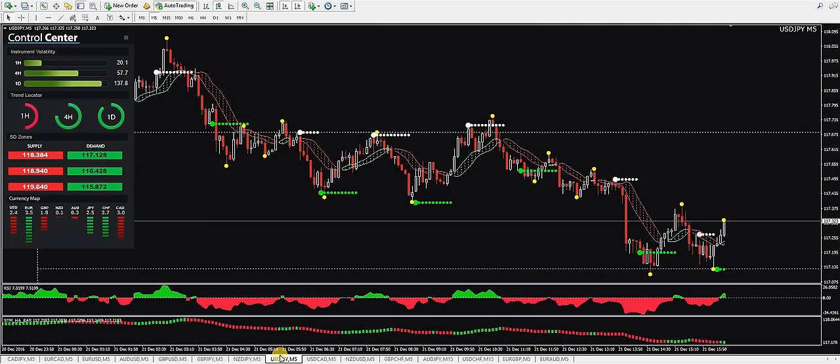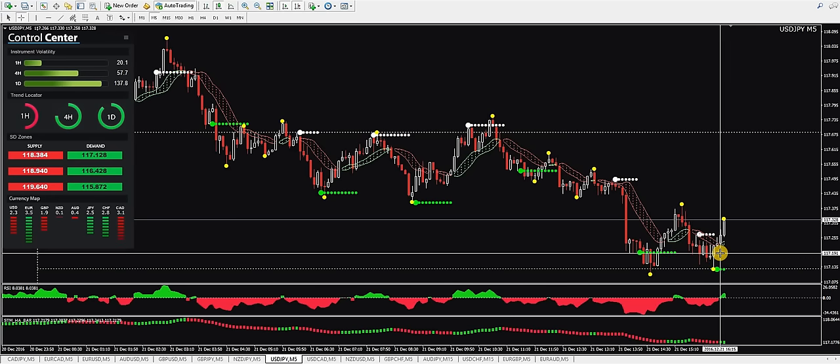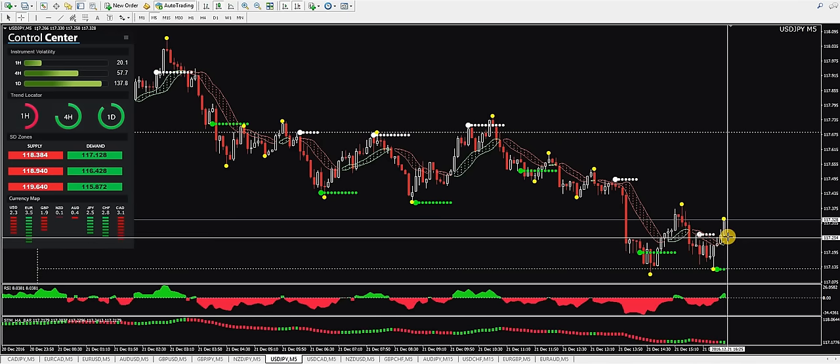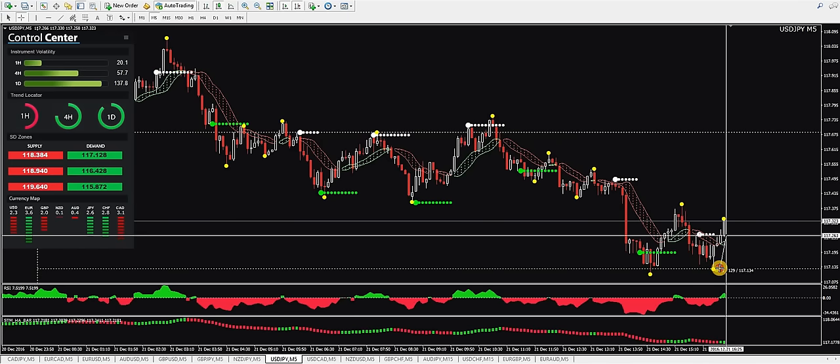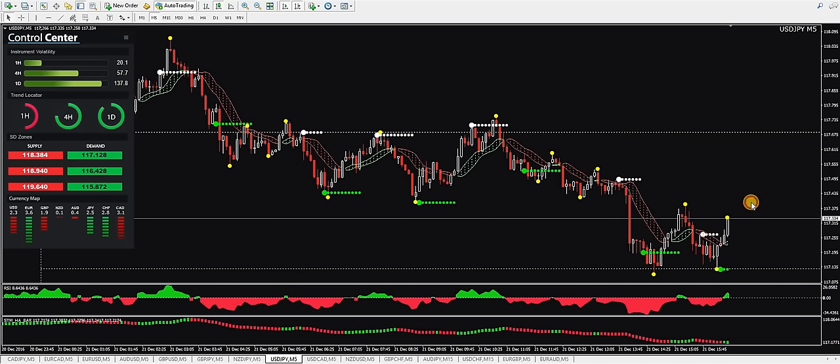Folks, I'm looking at the USD Japanese yen. This was another potential trade. As you can see, 2 higher time frames are green. We got green here. Green here, we got our yellow swing dot, we got a green signal dot. So this would have been a potential trade setup. We would have entered right there. And we'd already be about 8 pips into profit.